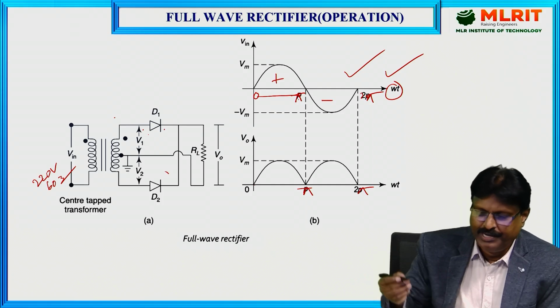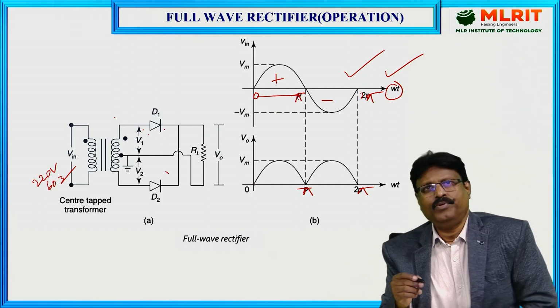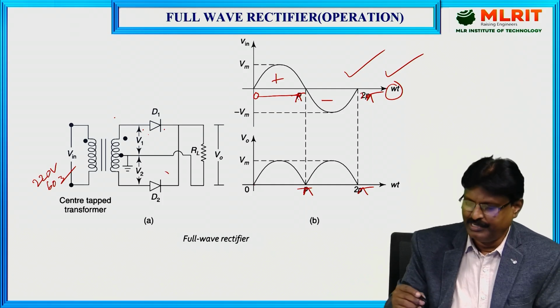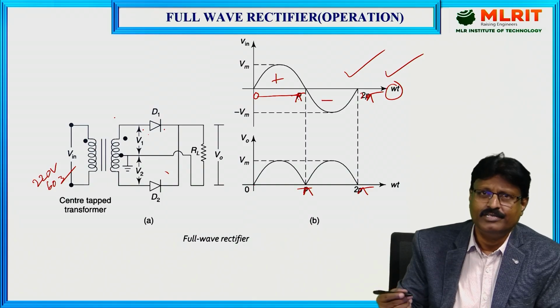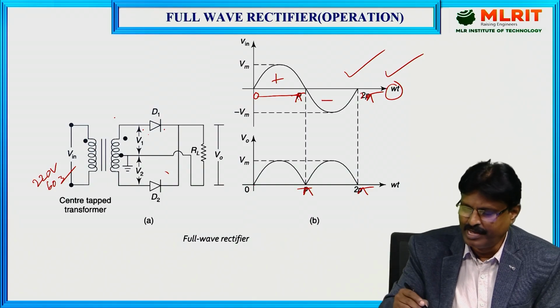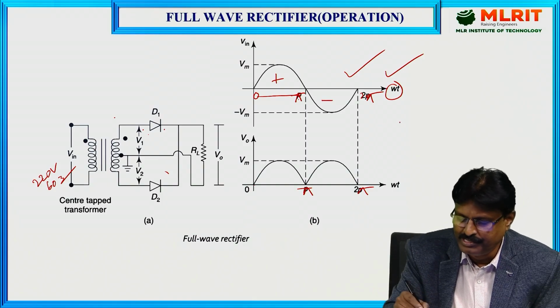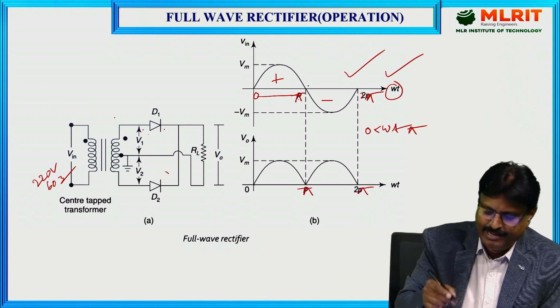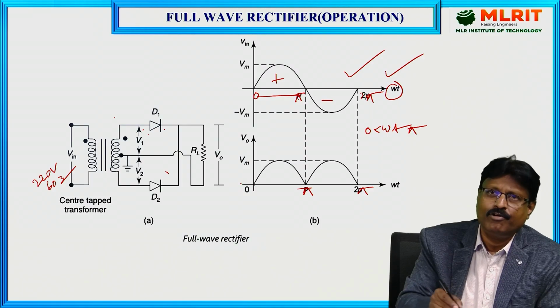So here we can write the output voltage equation like this, for our analysis, for our derivation of parameters. I am writing the equation of output voltage. Whenever omega t is in between 0 to pi, we are able to develop an output voltage.